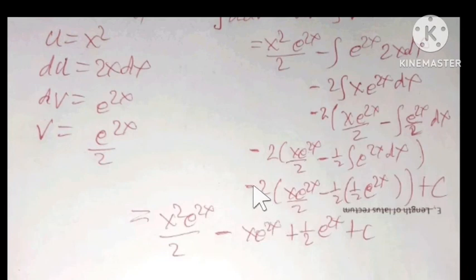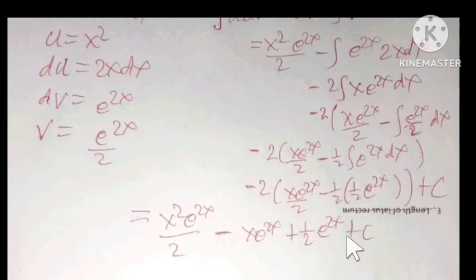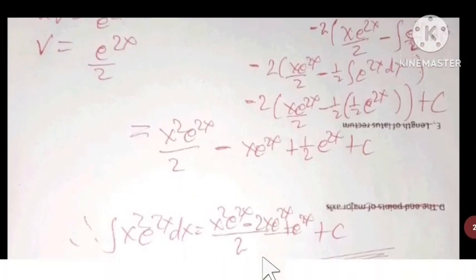Now multiply by negative 2: the 2 by 2 is cancelled out, therefore negative x e to the power of 2x, negative times negative is positive, 1 over 2 times 1 over 2 is 1 over 4, 1 over 4 multiplied by 2 is 1 over 2, e to the power of 2x plus c is the last part.